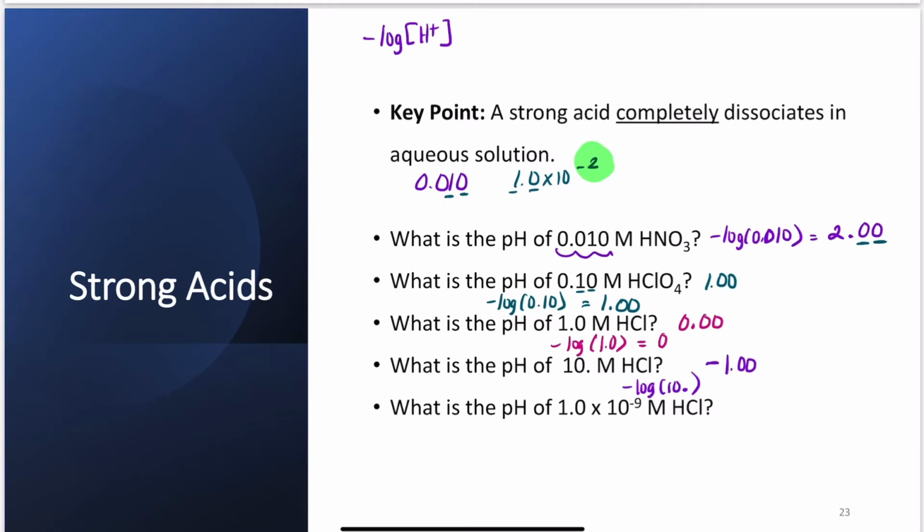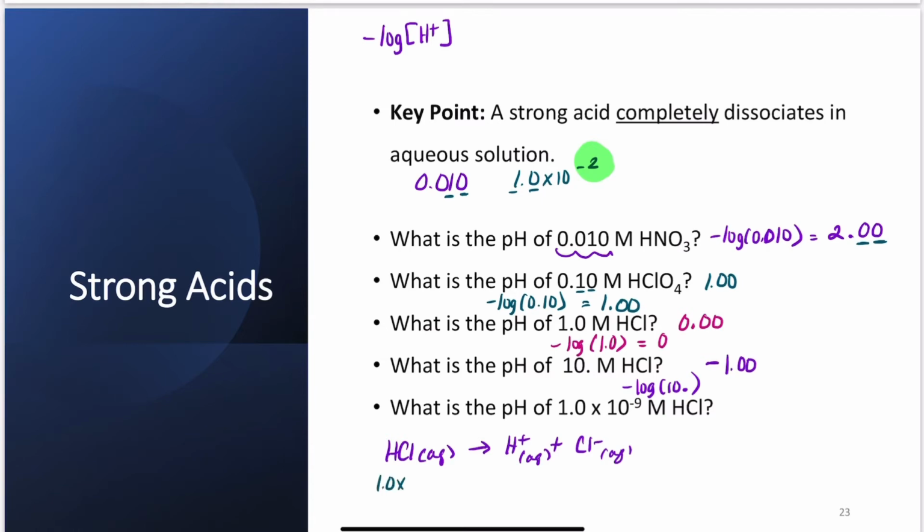What is the pH of a 1.0 times 10 to the negative 9th molar HCl solution? This is actually a trick question. Why is this a trick question? Because if I have HCl aqueous, that's going to dissociate into H+ ions and Cl- ions, right? Like we've already discussed, it's a strong acid, it dissociates completely. Why am I giving you a trick question? I'm giving you a trick question so you don't mess this up on your own.